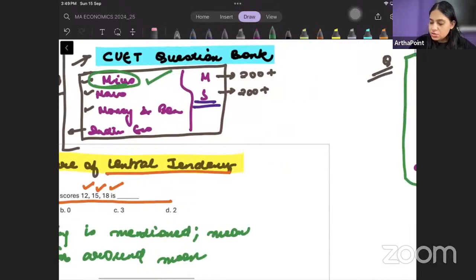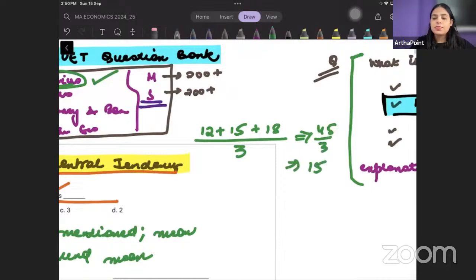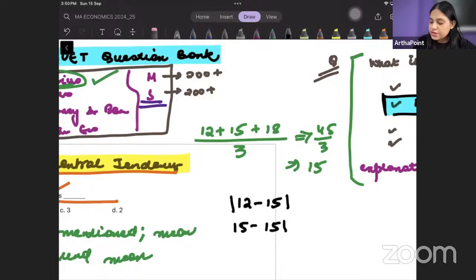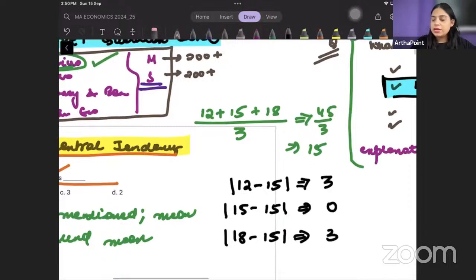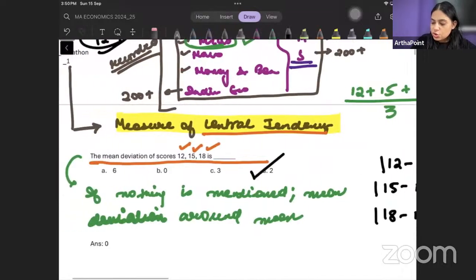What is the mean? 12 plus 15 plus 18 by 3, that is 45 by 3, which is 15. So how do we find mean deviation? |12 minus 15|, |15 minus 15|, |18 minus 15| gives 3, 0, 3. We sum this to 6 and divide by the number of observations, and the answer will be 2. So the correct answer is 2 here.